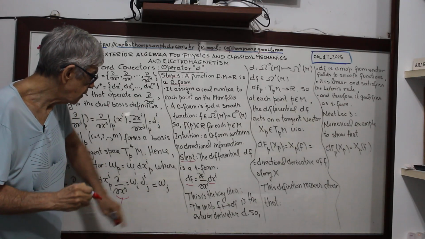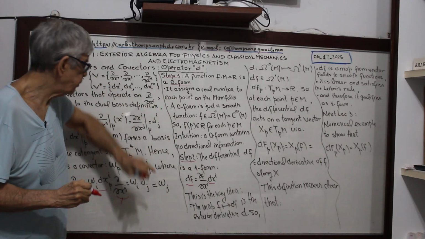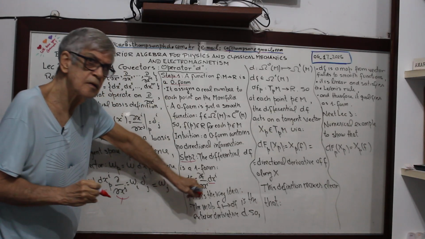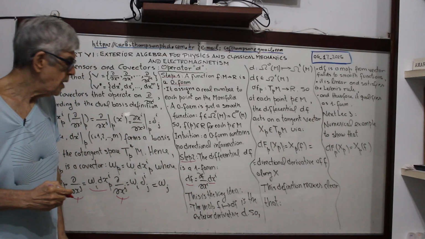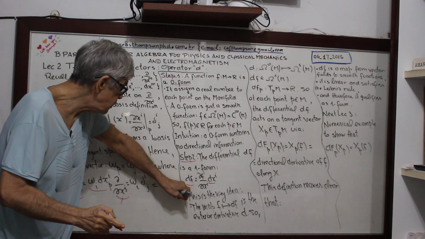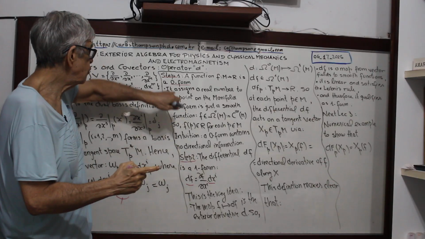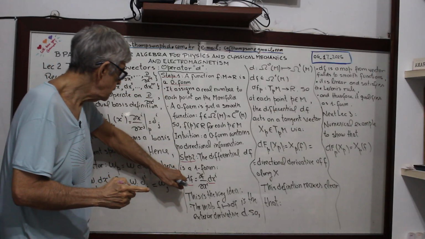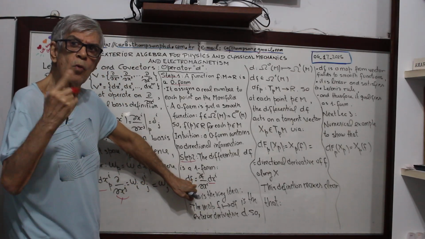Look how interesting. f is a zero form. df is a vector which is a one form. Instead of saying vector, say one form. So d increased the zero form to a one form.